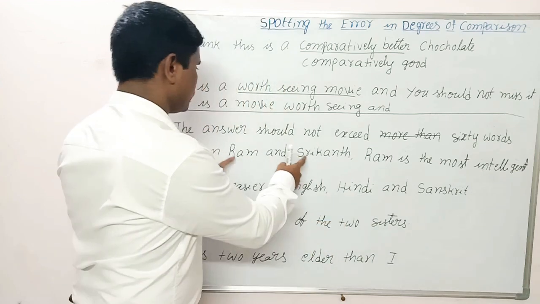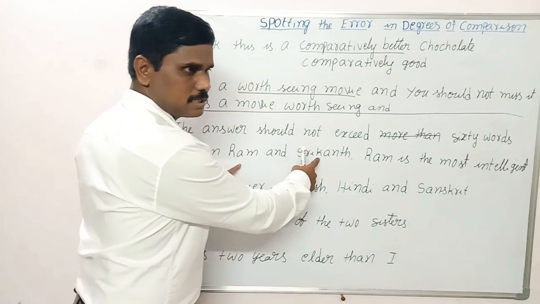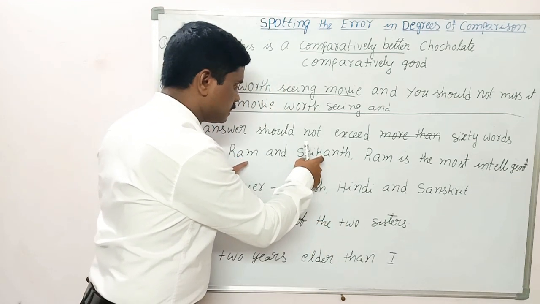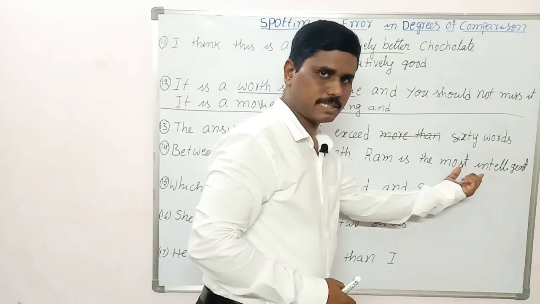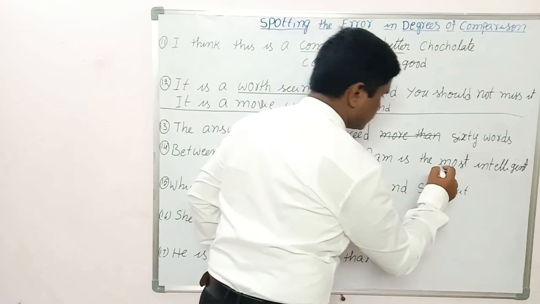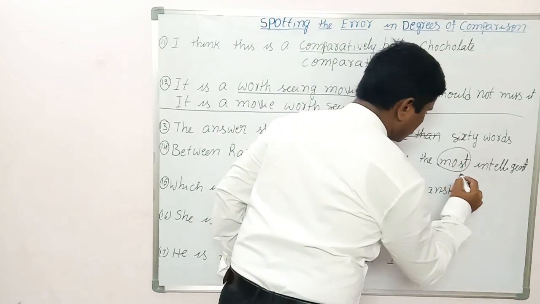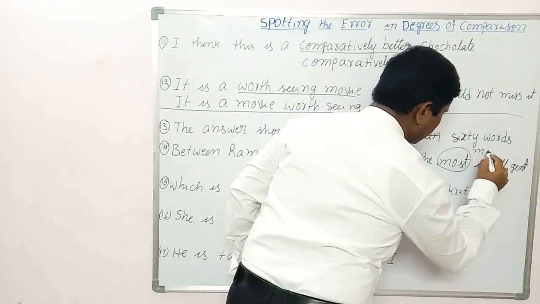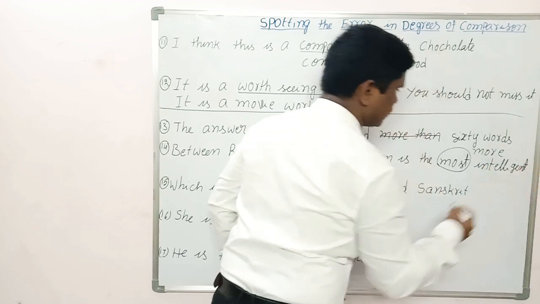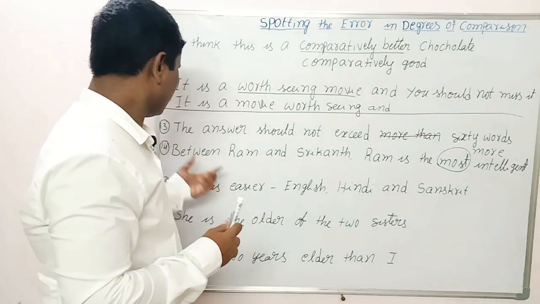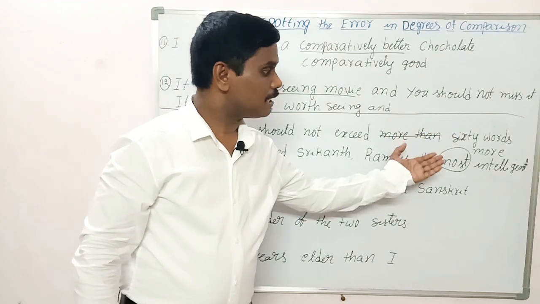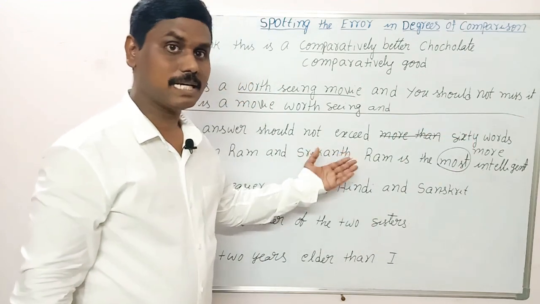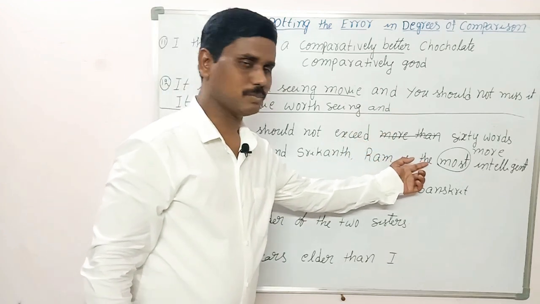But here the comparison is only between 2 persons, so we use adjective 2. We should not use adjective 3. So here most is wrong. The correct answer is more intelligent. So between Ram and Srikant, Ram is the more intelligent. The is also important.